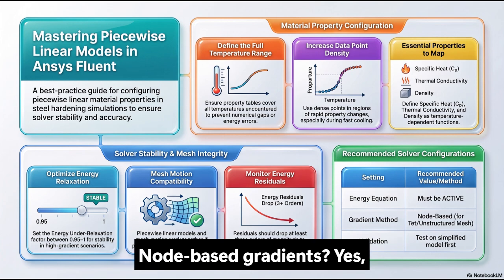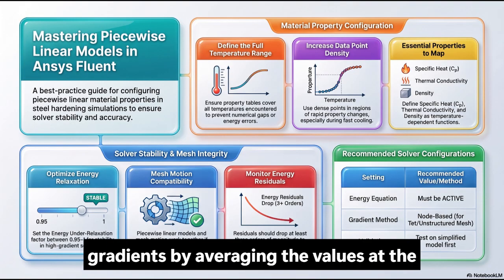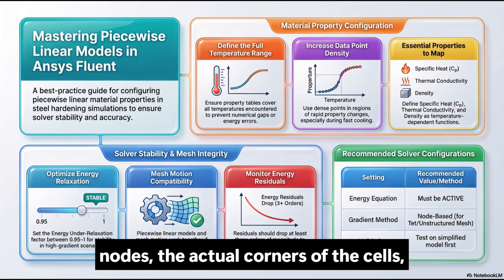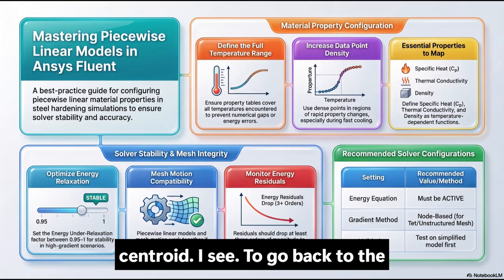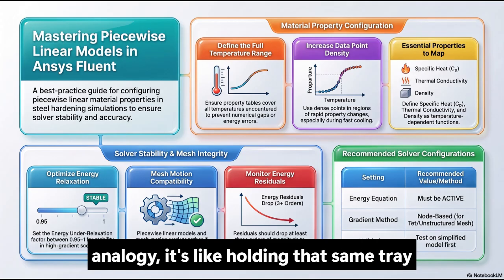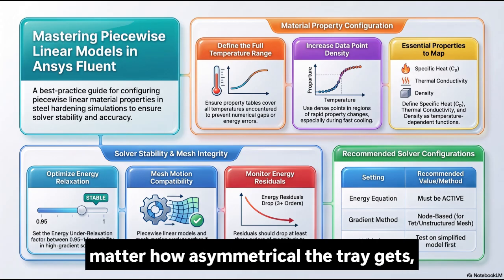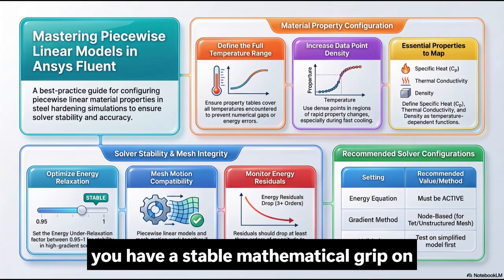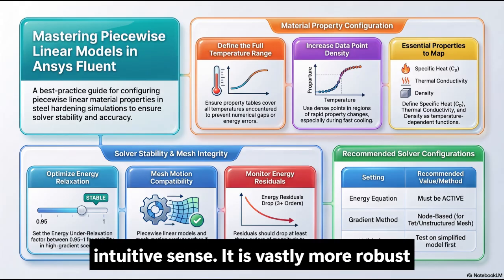Node-based gradients? Yes, node-based methods calculate the gradients by averaging the values at the nodes, the actual corners of the cells, rather than relying on a single shifting centroid. I see. To go back to the analogy, it's like holding that same tray firmly by all four corners. It doesn't matter how asymmetrical the tray gets, you have a stable mathematical grip on the boundaries. That actually makes intuitive sense.